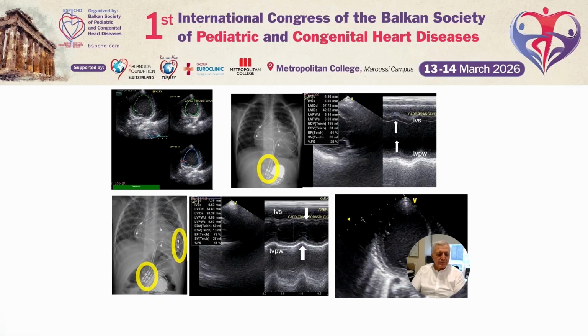Following implantation of the left ventricular leads, you can see the left ventricular diastolic dimension decreased from almost 6 centimeters to 3.5 centimeters. And the movement of the interventricular septum and left ventricular posterior wall looks normal.